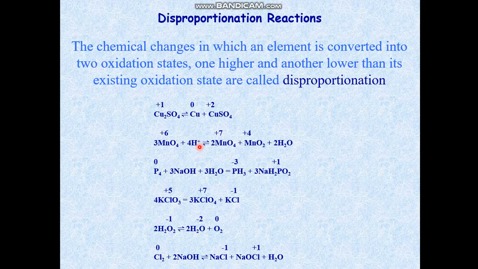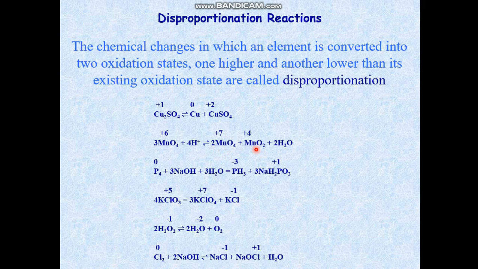Let us see the other examples. This is an acid catalyzed disproportionation reaction where manganate ion gets oxidized and reduced both, to form permanganate ion and manganese dioxide.